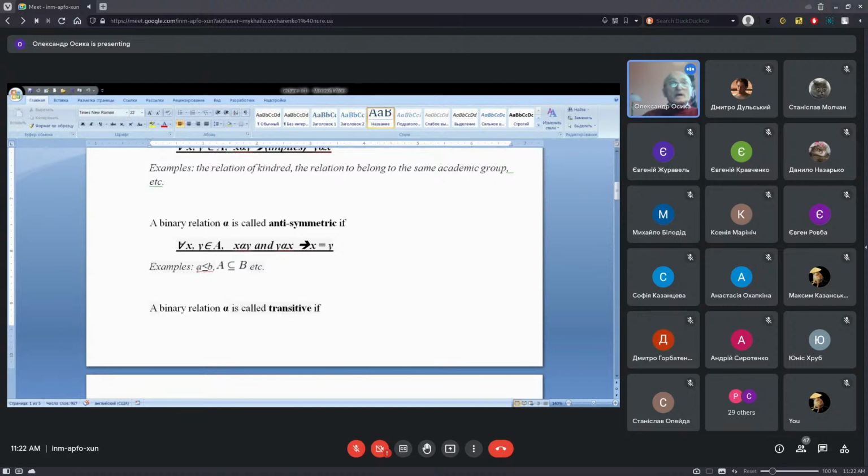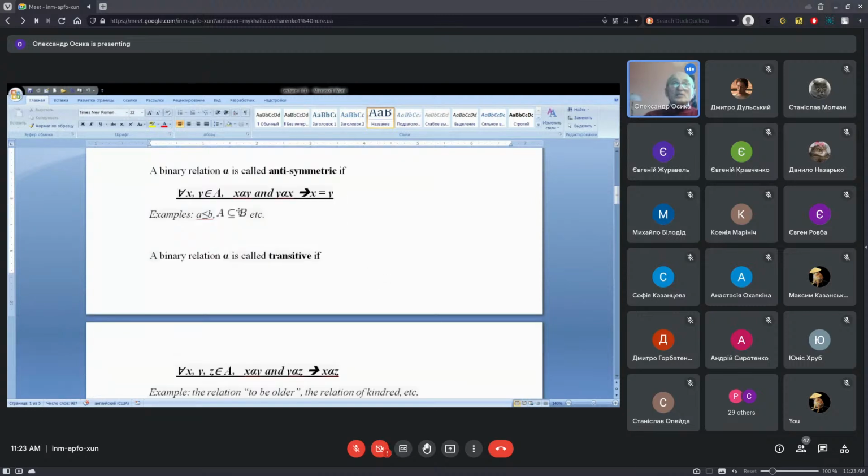Examples: number A is less or equal to number B. If A is less or equal to B, and B is less or equal to A, then of course it follows that A is equal to B. The same holds for the relation of inclusion of sets, and so on.